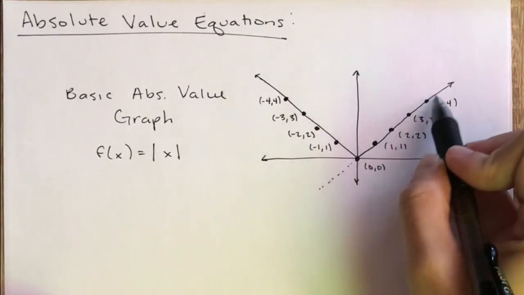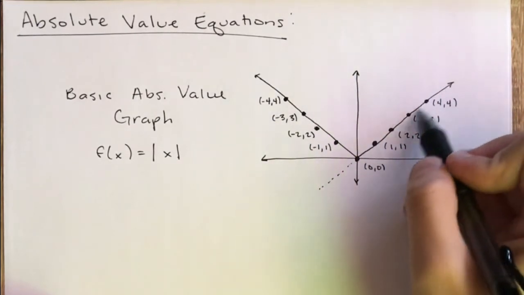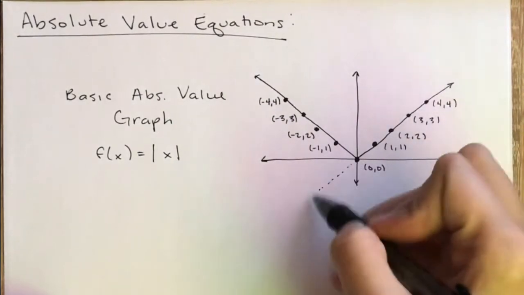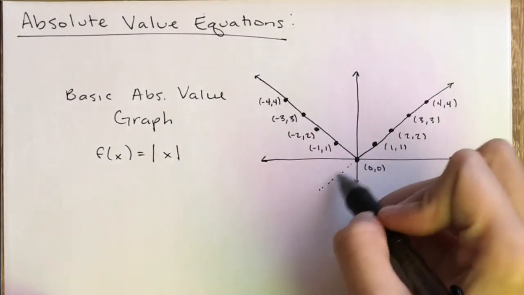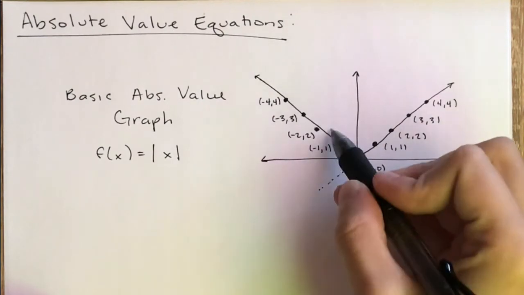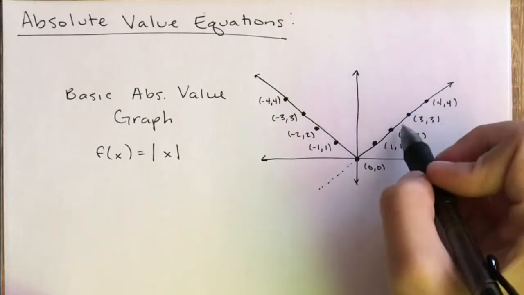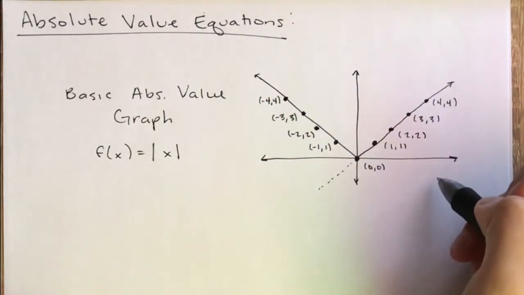So these points follow that line. But when we look at the negative x values, we have what it would be, but flipped, because we've flipped the sign of the y. And it kind of looks like it's bouncing off the x-axis, like a mirror or something.